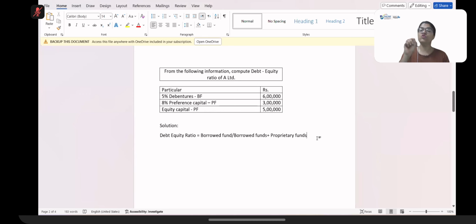So I want you all to solve it. Solve karo ise. The formula is in front of you. Try to get the answer. There is nothing difficult in it. I will solve it, but pehle aap try karo.